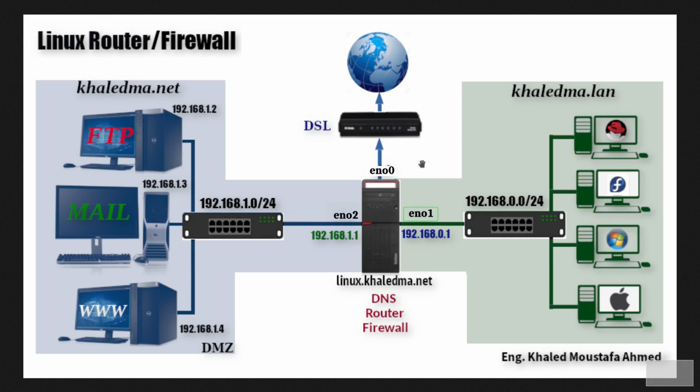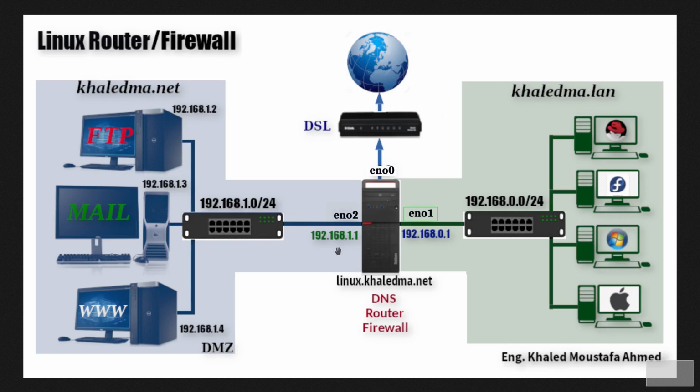As you see here in the diagram, we need to let our clients on the private LAN be able to access the internet as well as the services on our DMZ network. Also, the DMZ services should be available for public access from the internet.